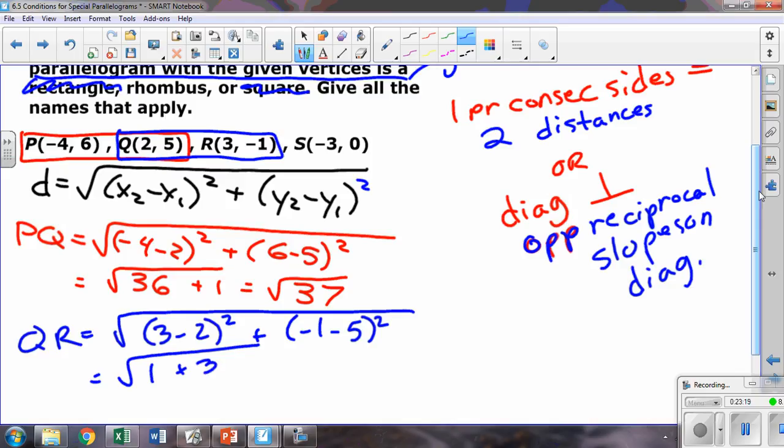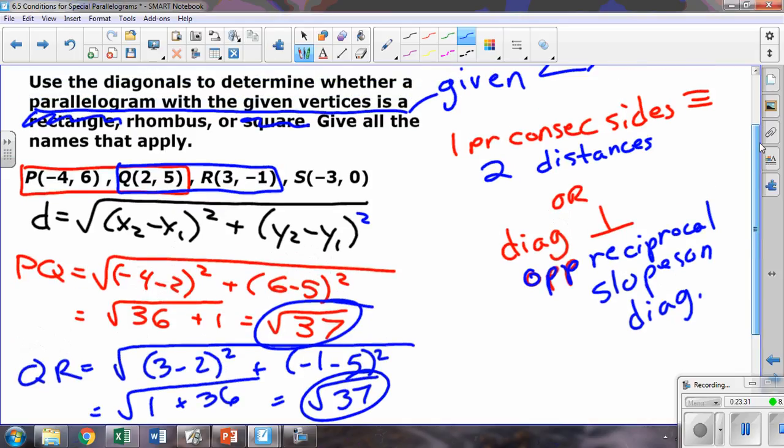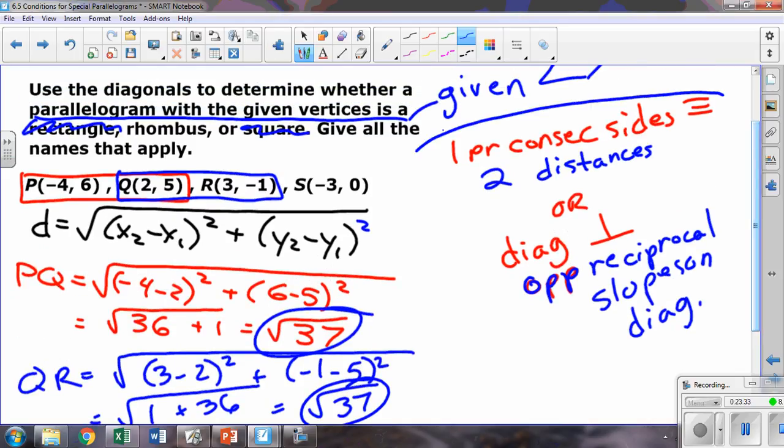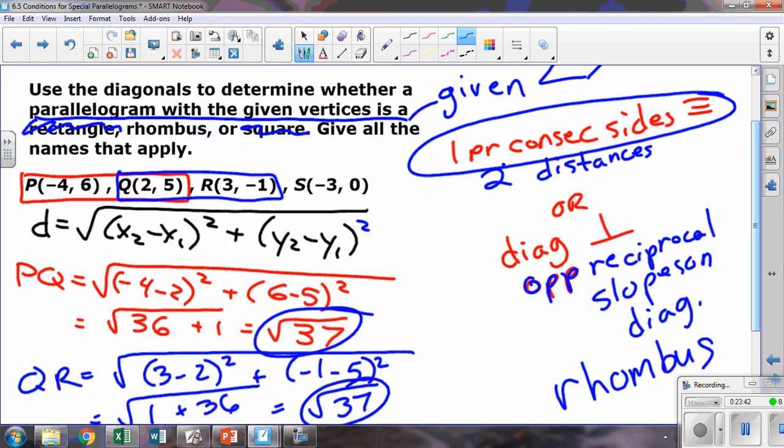Squaring that still gives us 36. And it comes out so that they are equal. Because those consecutive sides are equal in length, we know that they are congruent. So yes, this thing is a rhombus, but not a rectangle and not a square. And we're done.